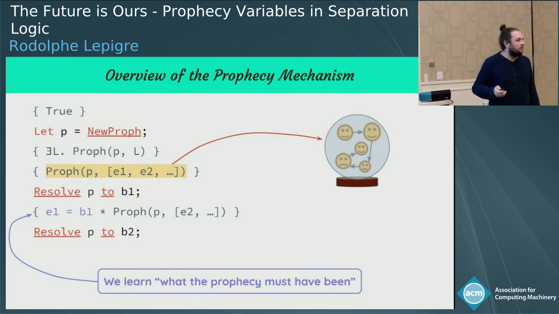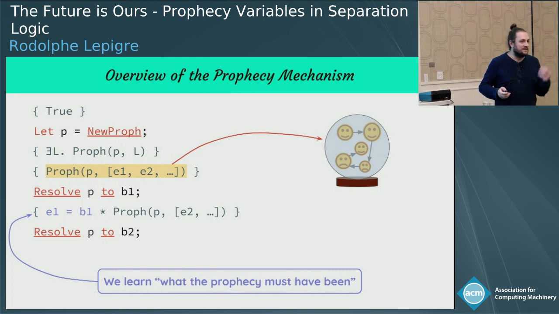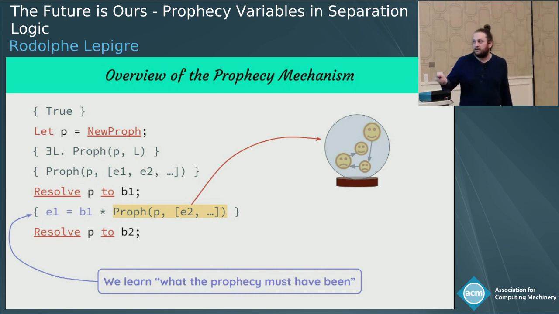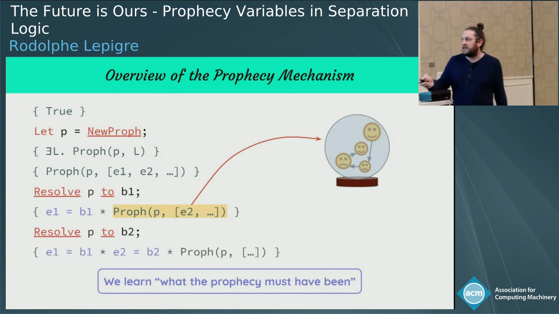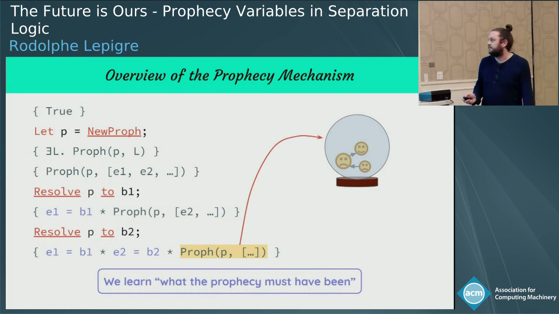And the second thing that happens is that since we've made an observation, there is one less thing to predict. So the first element of the prophecy assertion actually disappears. And then for subsequent resolutions, the same thing happens. So we learn a new equality, and again, we lose one element in our prophecy assertion.